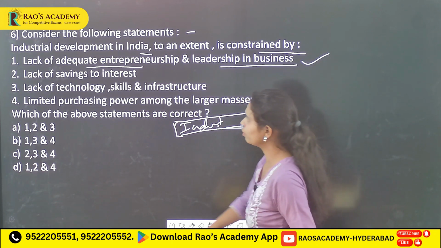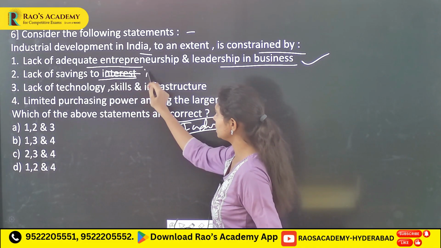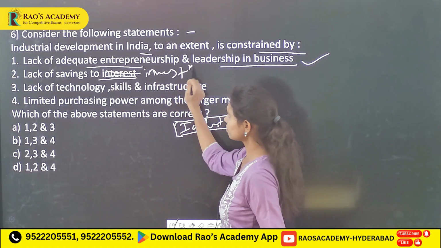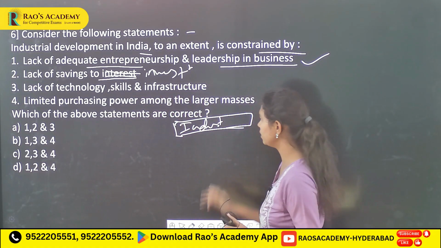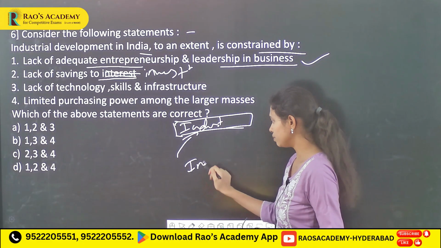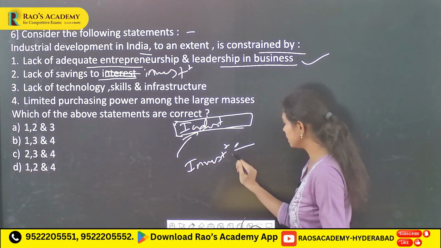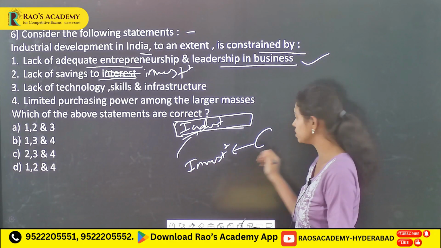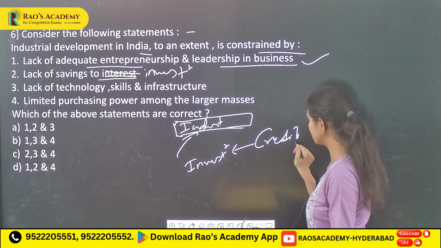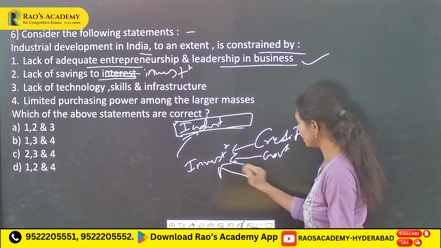Then followed by lack of savings to, it is not the interest, it is actually investment. Lack of savings to investment. If you see, in order to run a particular industry, we require the investment. Whereas the investment doesn't include only the savings, the resources for the investment will come from the credit and also from the government spending and also through the FDI as well.